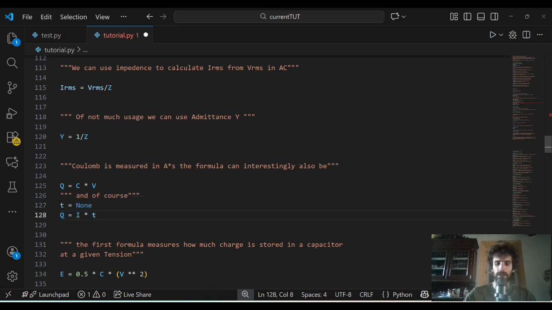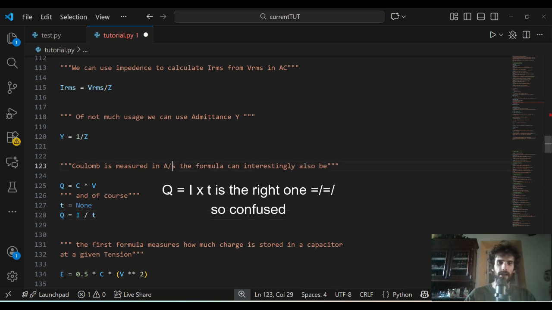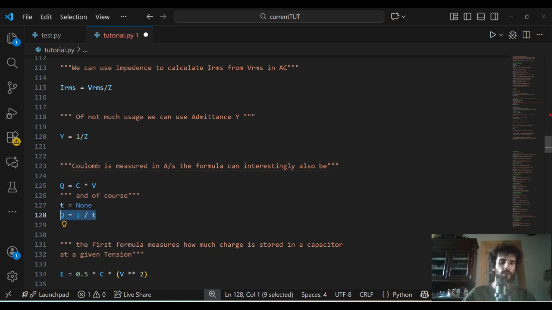No, actually, this formula is wrong, it is 1 divided by S. So it tells how much current flows in 1 second or in 2 seconds, etc. This formula is what explains most what Coulomb is, but what's most important is this one, because it's a formula that we use with batteries.